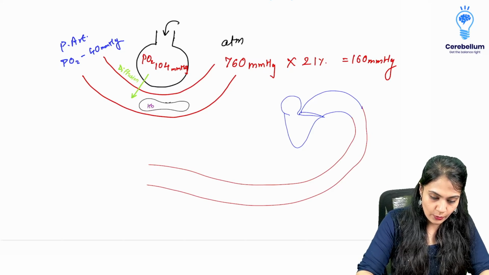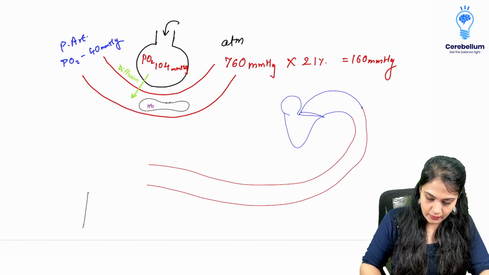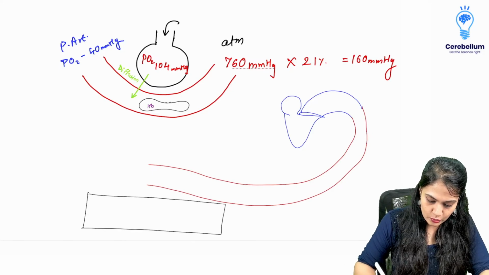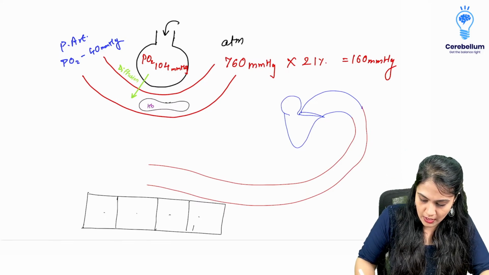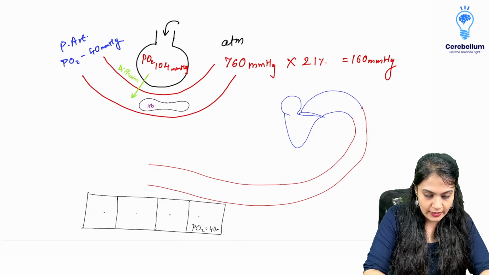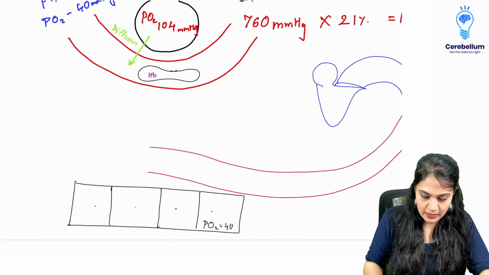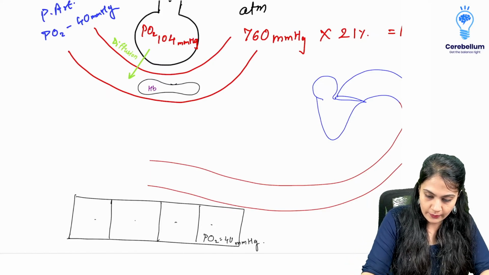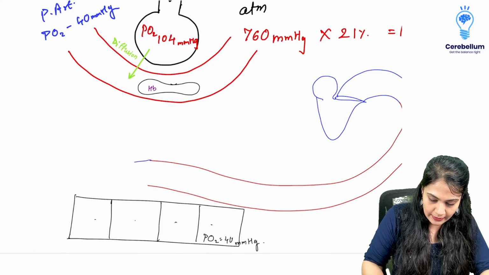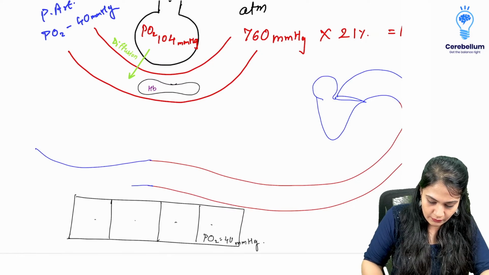The tissues are there, and of course they are doing the metabolism. Because of the metabolism, they have a lesser amount of oxygen. How much again? 40 mmHg, isn't it? I'm not writing the mmHg because it is taking a lot of space. So you just understand, or rather write it like this. Now what will happen is that the capillary will start and then the venous side will start from here.